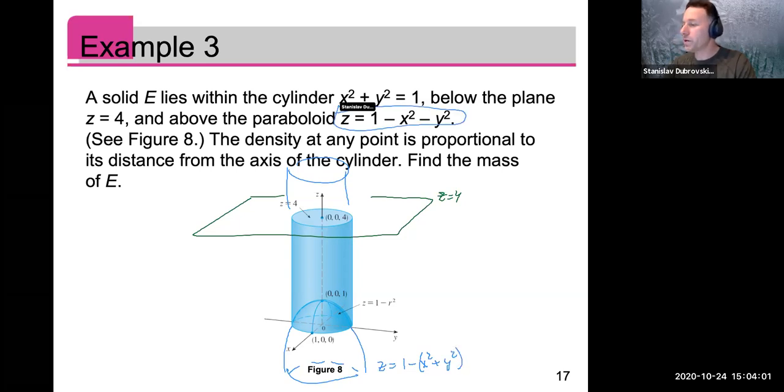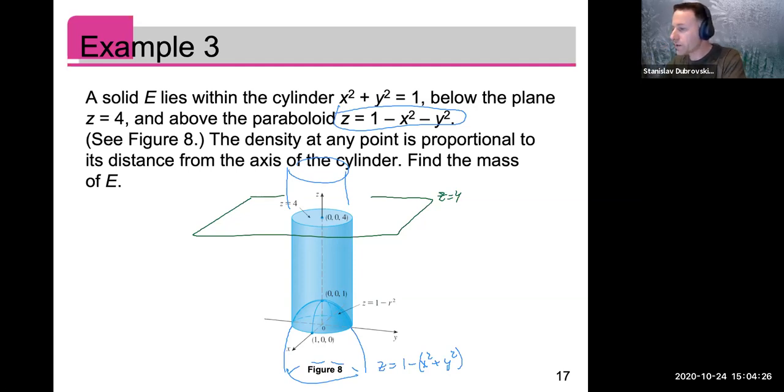So above the paraboloid, under the plane, and within the cylinder. So how do we use the cylindrical coordinates here? Well, let's set up the bounds for the region. Let's describe the region in cylindrical coordinates.